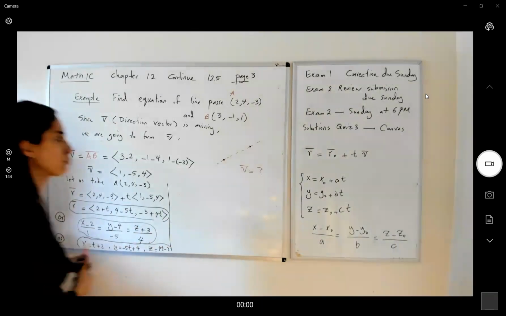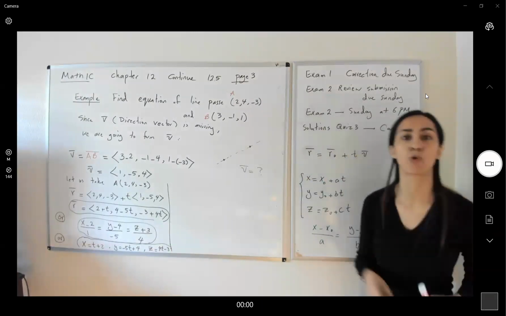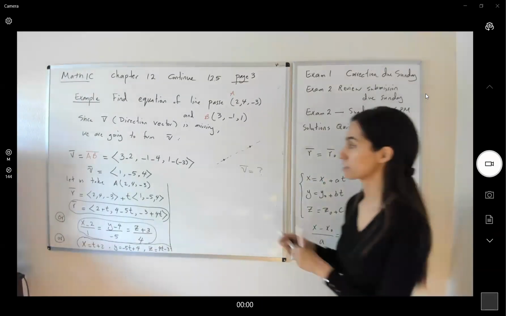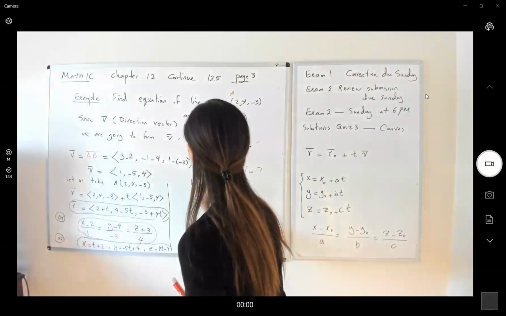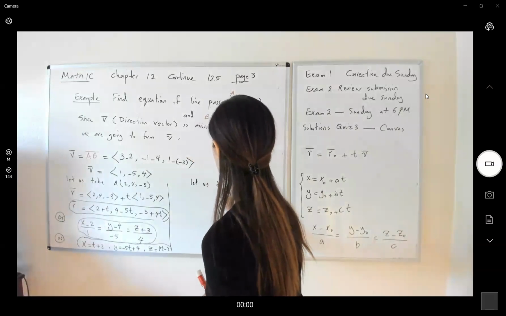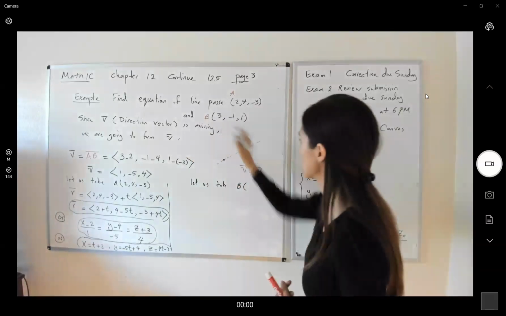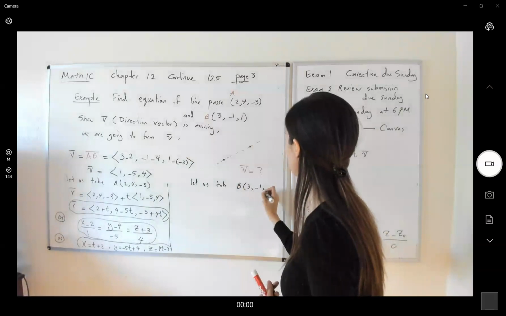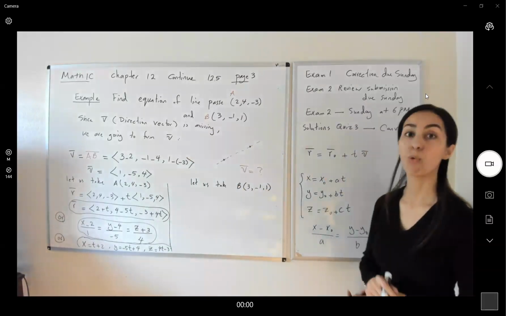You might say, what if I take the second point? What do I get there? Let us take B as the second point, 3, minus 1 and 1.